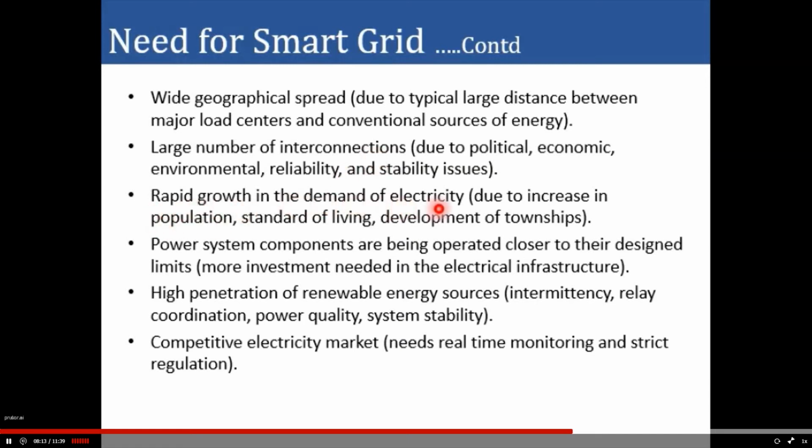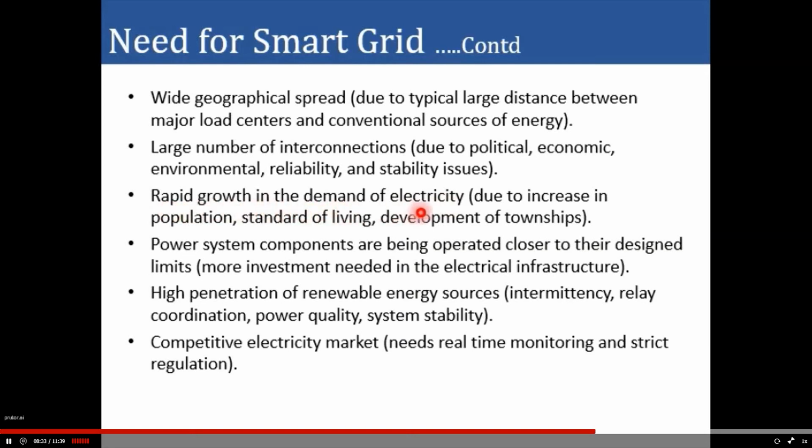Rapid growth in the demand of electricity. The demand keeps on increasing. When you see the time horizon of the demand, it is not continuous. It is sometimes high in a particular time period, then suddenly it goes low and then again becomes high.